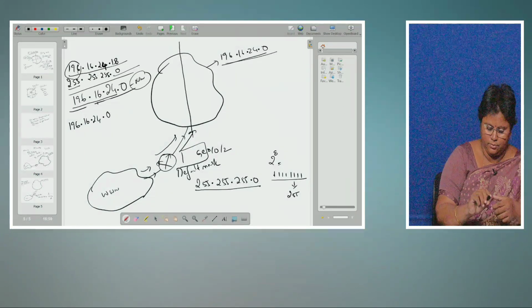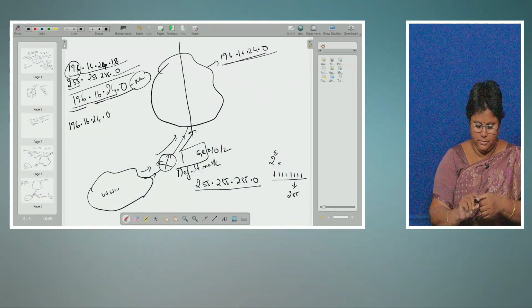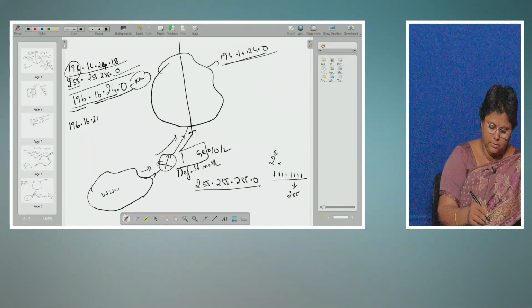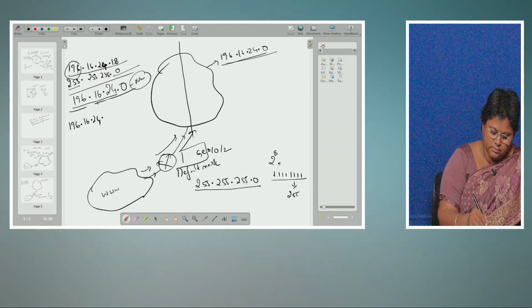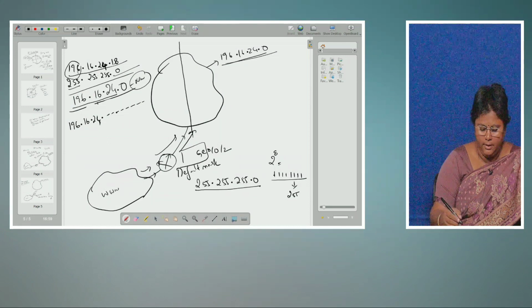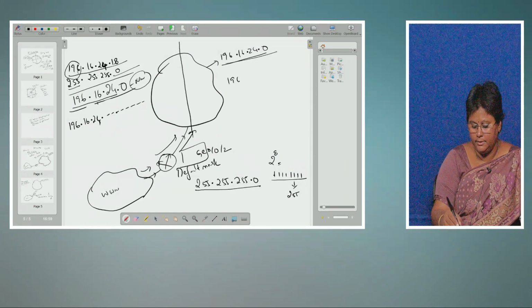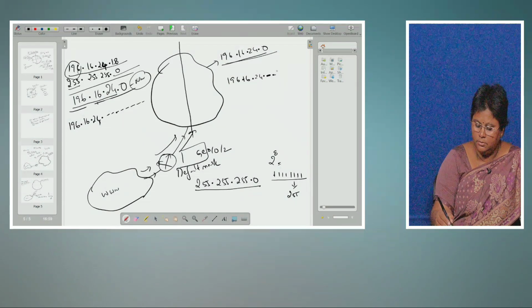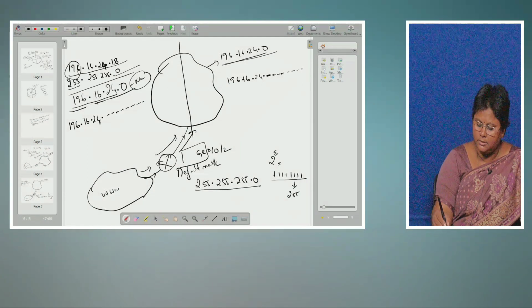Before the dot, you have 1, 2, 3, 4, 5, 6, 7, 8, and I'll also write 196.16.24. followed by 1, 2, 3, 4, 5, 6, 7, 8.